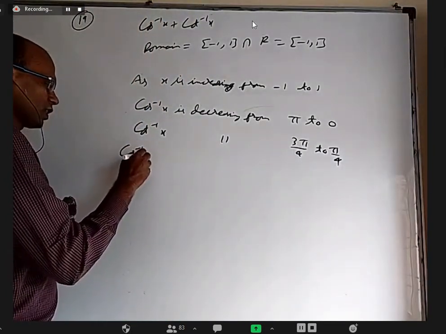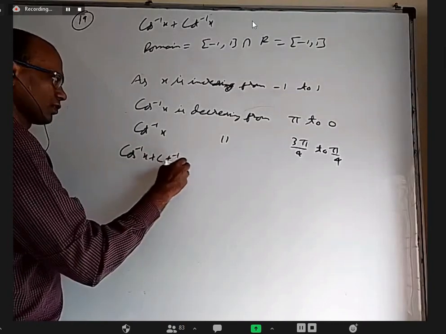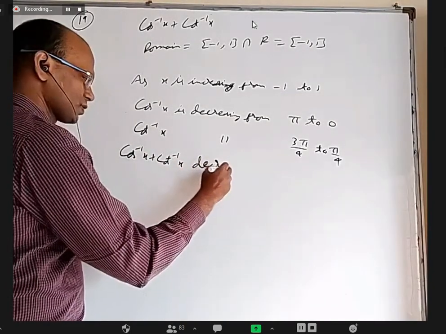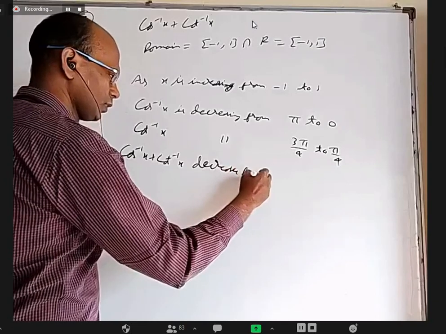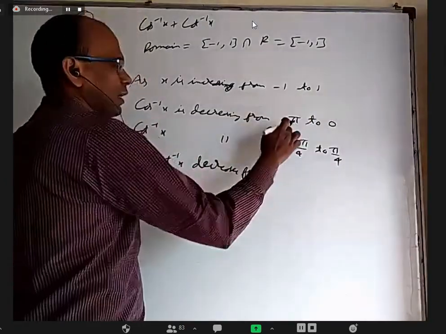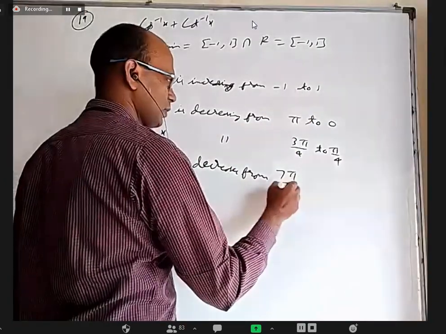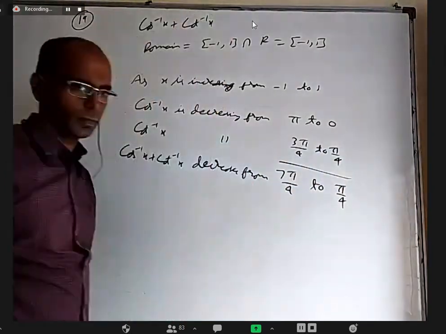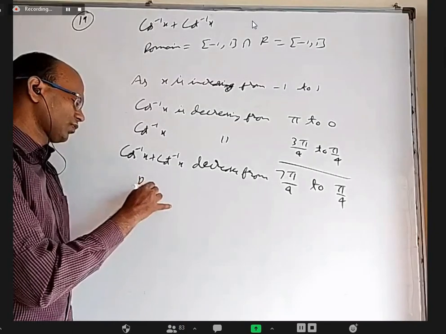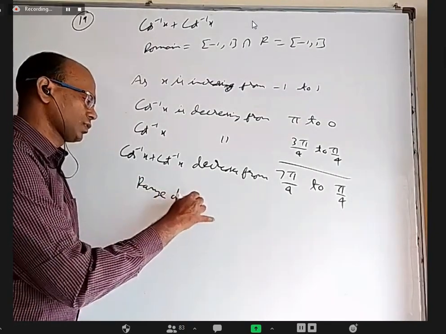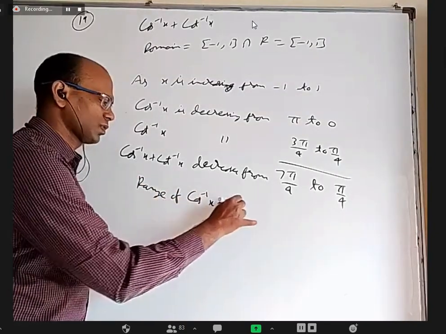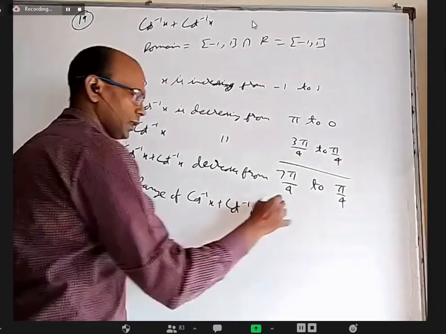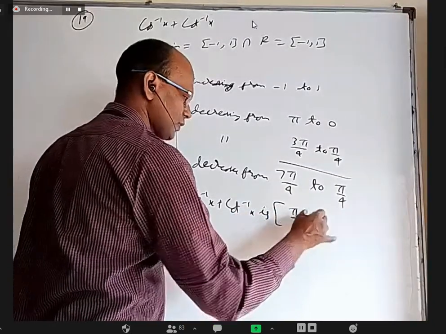So cos inverse x plus cot inverse x decreases from, when you add pi and 3 pi by 4, it is 7 pi by 4, and when you add 0 and pi by 4, it is pi by 4. So the range of cos inverse x plus cot inverse x is pi by 4 to 7 pi by 4.